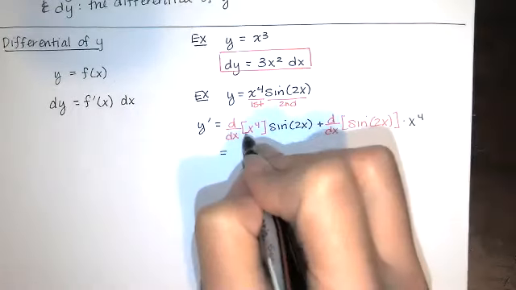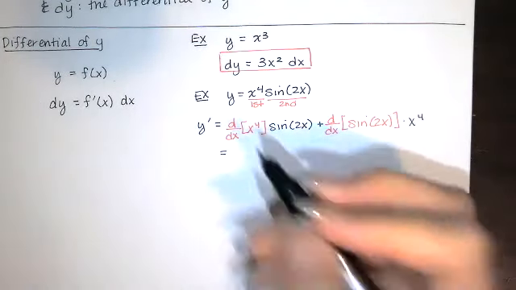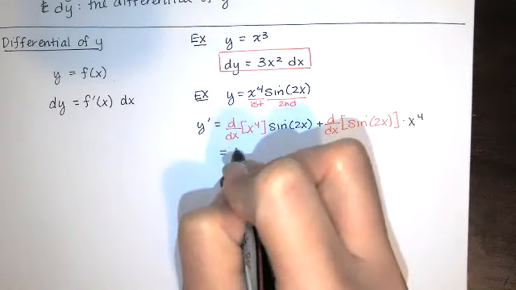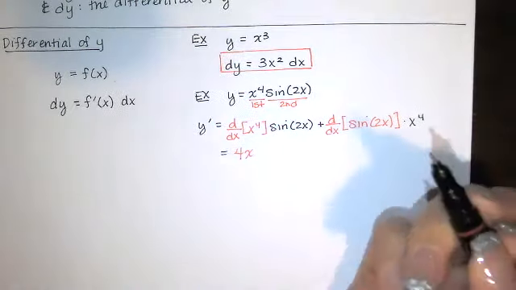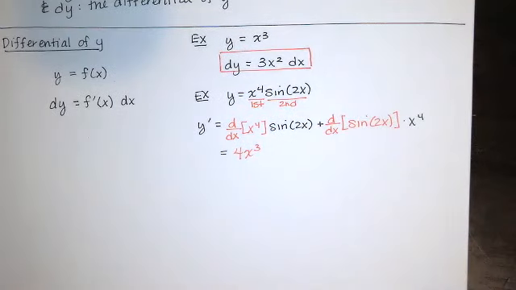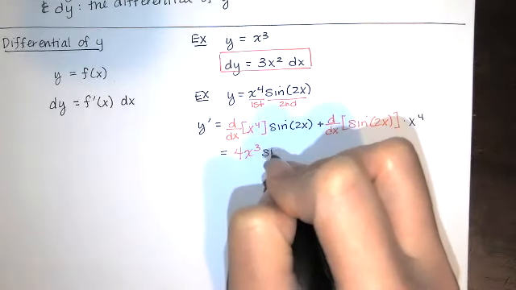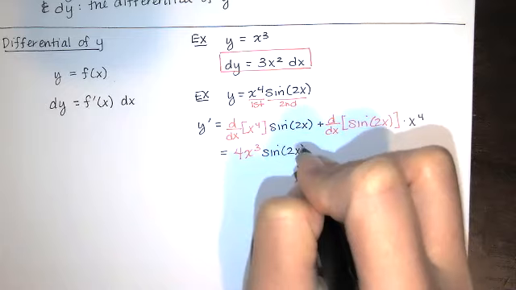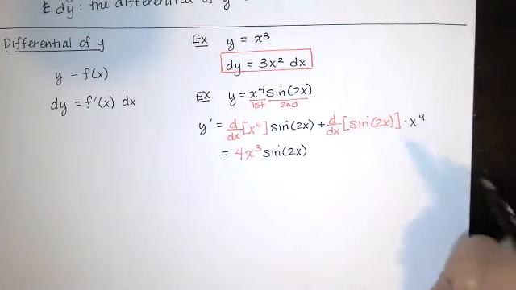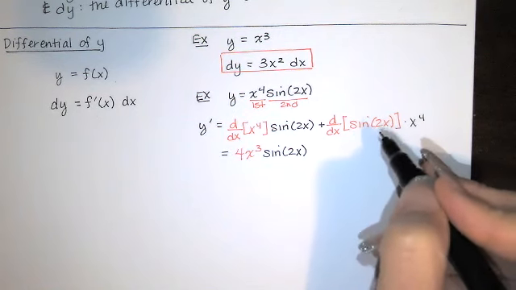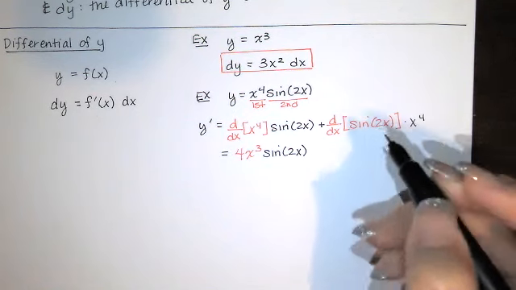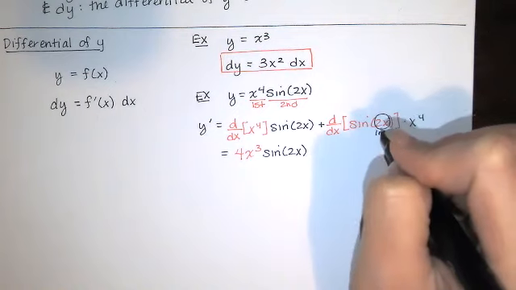There you go. The derivative of x to the 4th, by the power rule, we bring the power down, multiply by x to the 1 less power, 4 minus 1 is 3, and bring that sine of 2x down. And then over here, if I want to take the derivative of this, I notice that I don't have just an x inside my trig function, I've got a 2x inside. So that means I'm going to have to use the chain rule.